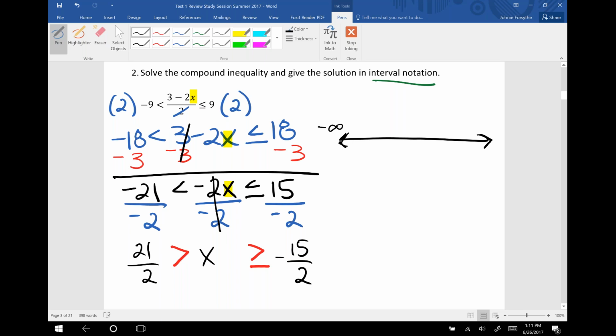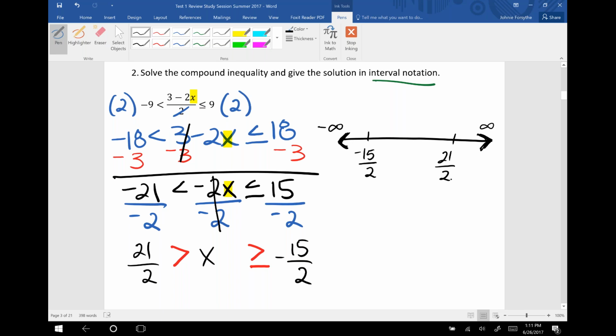Because what these arrows mean is that it's going on and on forever in that direction. Same thing the other way. The right side of the number line is going towards positive infinity. All right, so we've got, let's see, put the negative number on the left, then the positive number on the right.